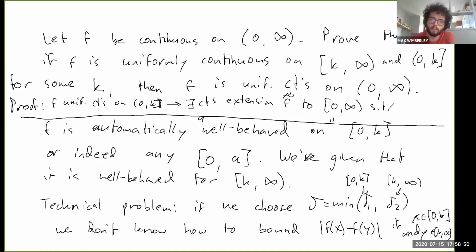And clearly f tilde is uniformly continuous on k to infinity. So then our previous solution now applies, and you can say that f tilde is uniformly continuous on its entire domain, and then from that you can infer that f itself was uniformly continuous to start with on its entire domain.